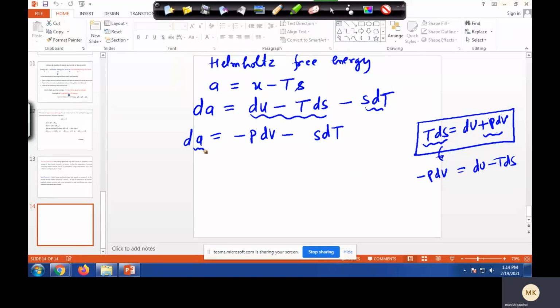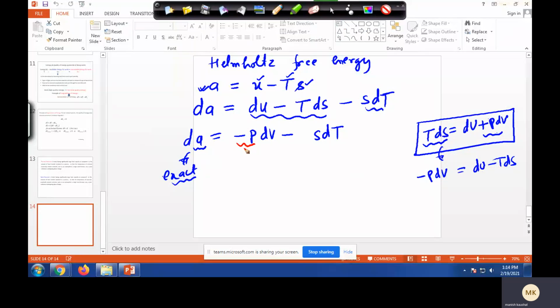Again, you can see it from the expression of A. U is a state property, S is a state property, T is a state variable. So A is also a state variable, the Helmholtz free energy. So dA is exact. If it is exact, again we can put the criteria of exactness.